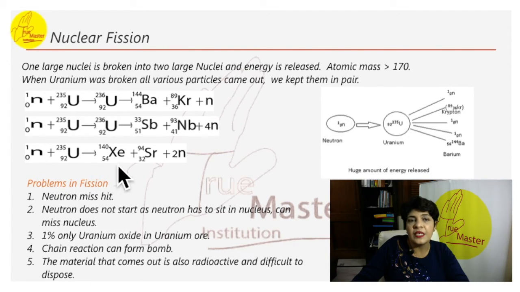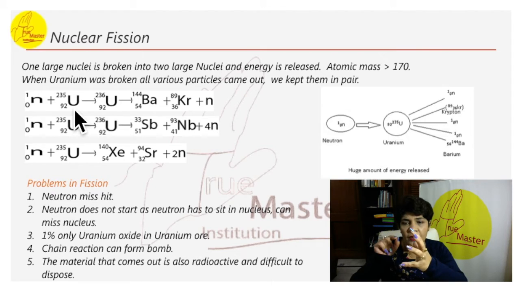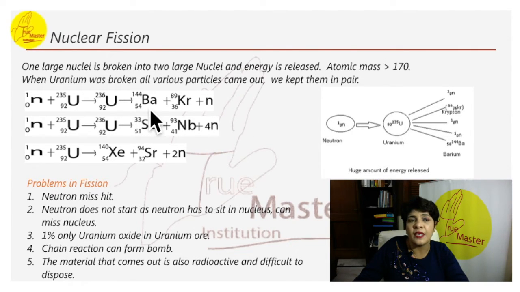Uranium is being struck by a neutron, a very slow moving neutron. The moment this neutron enters the huge uranium nucleus, it breaks down into particles like Ba, Kr, Sb, Nb, Xe, Sr. All of these come out.